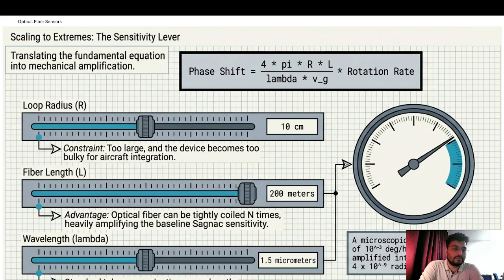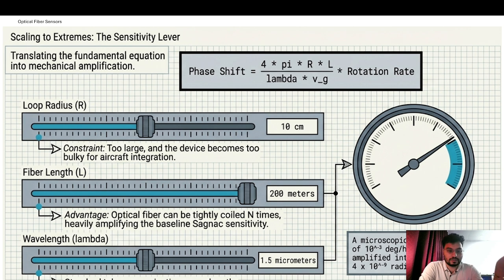Scaling to extremes, there will be a sensitive lever. The phase shift will be equal to 4 pi R L divided by lambda c, times the rotation rate. To achieve the microscopic rotation rate of 10 to the power minus 3 degree per hour, it is mechanically amplified into a readable 10 to the power minus 9 radian phase shift. To do that, we need to play with the loop radius.